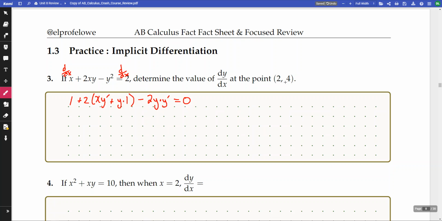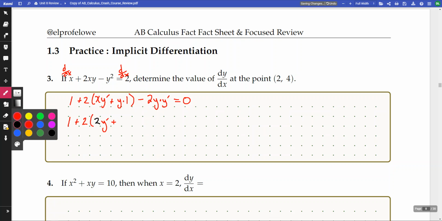Now, at this point, I could go ahead and substitute in my values if I wanted to, because I want to find dy/dx at the point when x is 2 and y is 4. So that means that I have 1 plus 2 times, well, my value for x is 2, so I have 2, times y prime plus the y value is 4, so then I have 4 times 1.